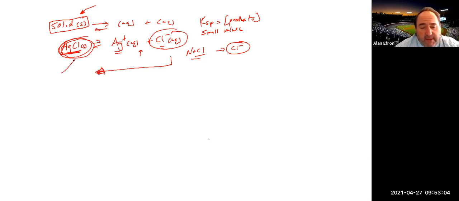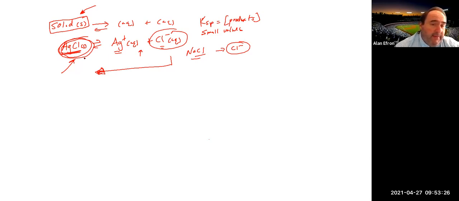What that would mean is we would have more solid and keep the solid together. It will decrease the solubility of something like silver chloride, just like it does with a weak acid or weak base, it keeps those together. Same idea here, that will keep the solid together, in this case with some type of common ion.